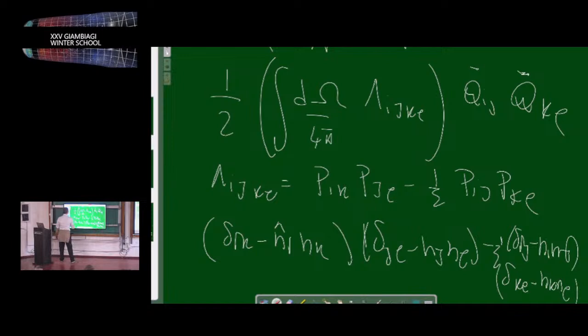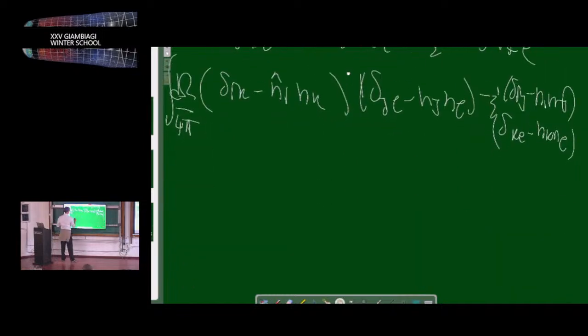Okay, and then all of this has to be integrated over d omega divided by 4 pi. So when there is delta delta, the integral of d omega over 4 pi is 1, clearly. Now the nice thing is these integrals are trivial, because whenever I have the integral over d omega over 4 pi of n i n j, you know what this gives.